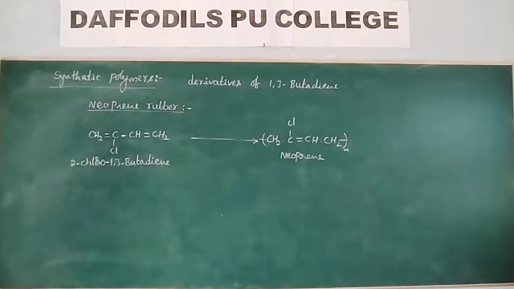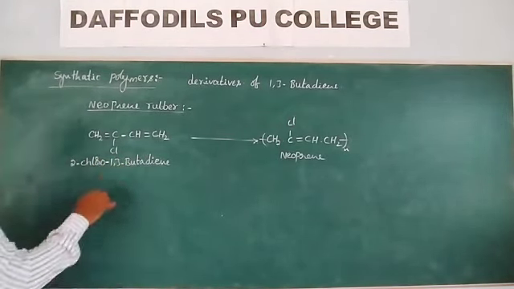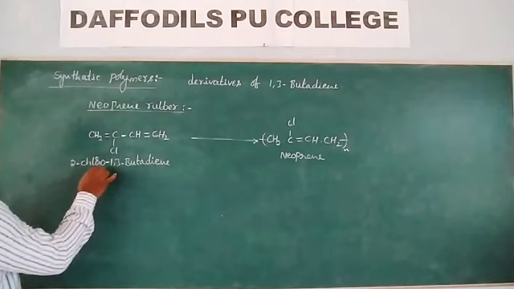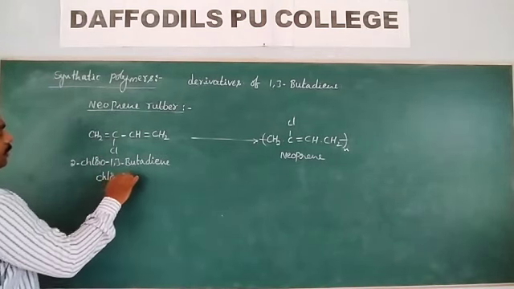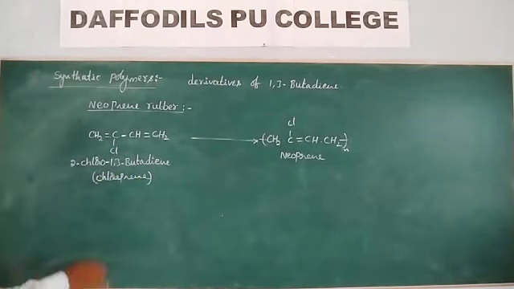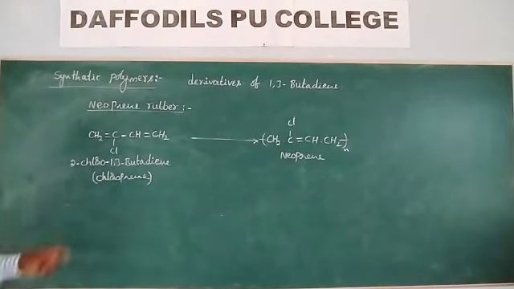2-chloro 1,3 butadiene is called chloroprene.